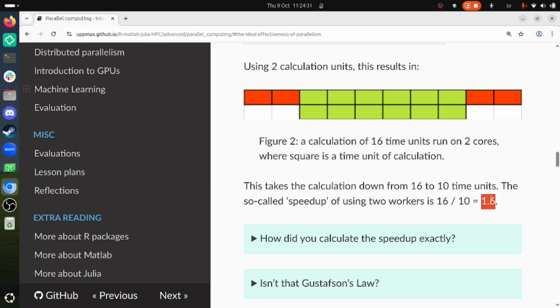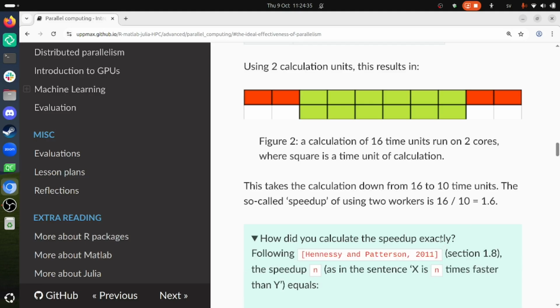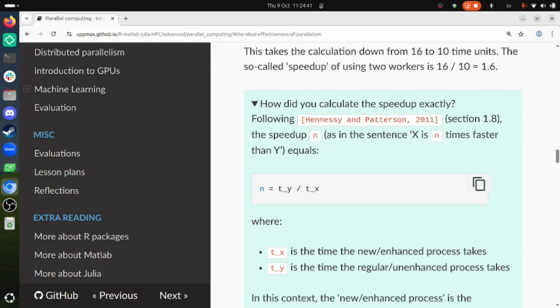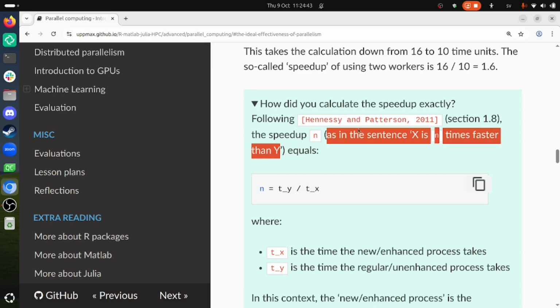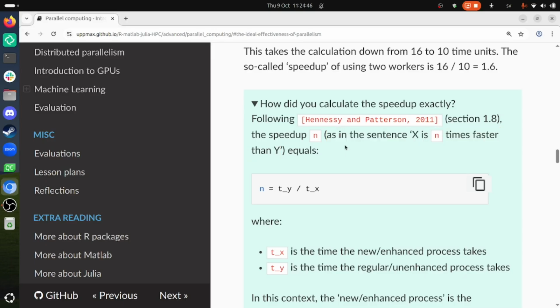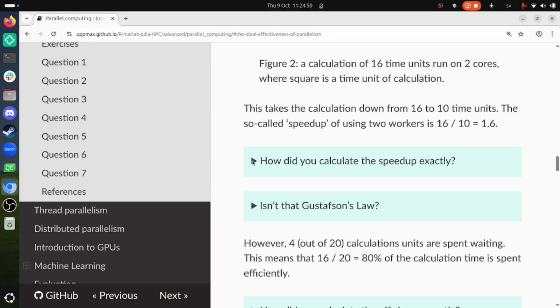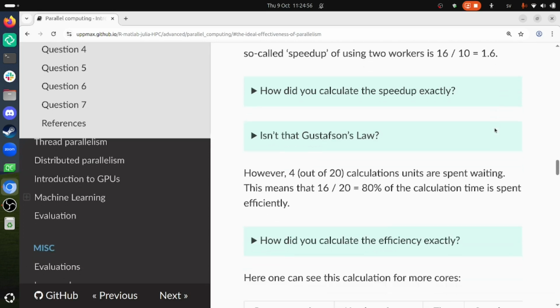It goes 1.6 times faster than before. If you want to see the details, it's in this paper where they introduce that term, defining speedup as x is n times faster than y, exactly how I just phrased it. And here you can see a bit more detail of how I do that. The mathematics is not important here, but it gives you a bit of an idea.